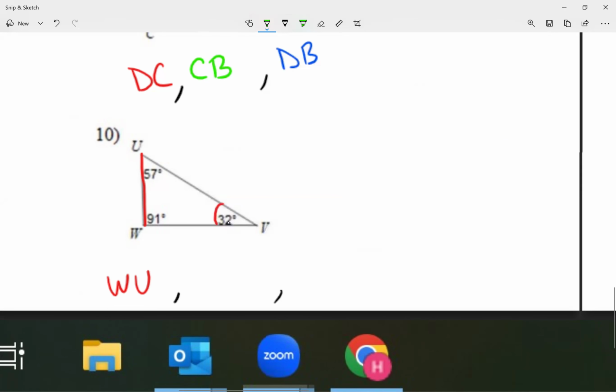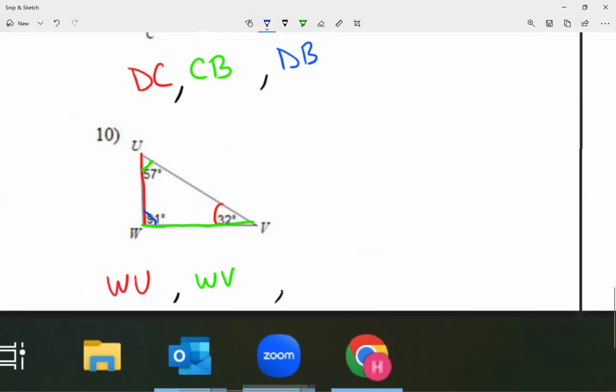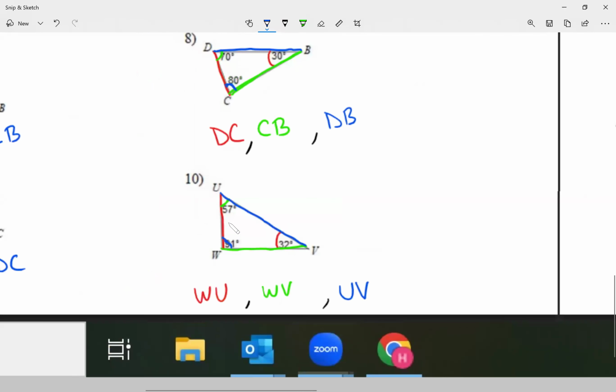Medium angle is 57. So that means the medium side is the side WV. Capital letters all together. Lastly, the biggest angle is 91 degrees. So the biggest side, which is opposite from the biggest angle, is the side UV. Pretty cool.